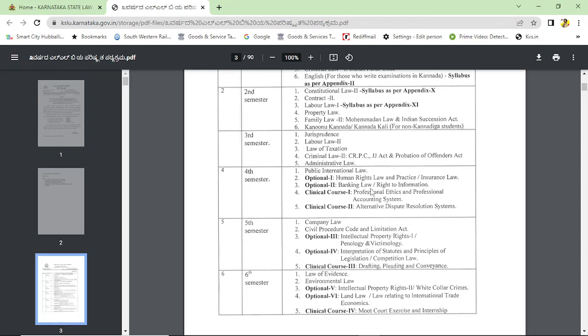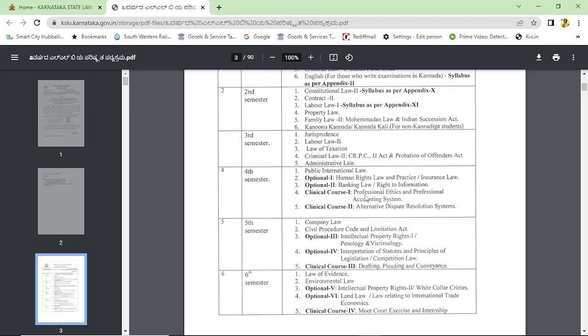In fact, even the books have the same author. In the same book, we have public international law and human rights. That means they are so overlapping and, of course, very common in understanding as well.